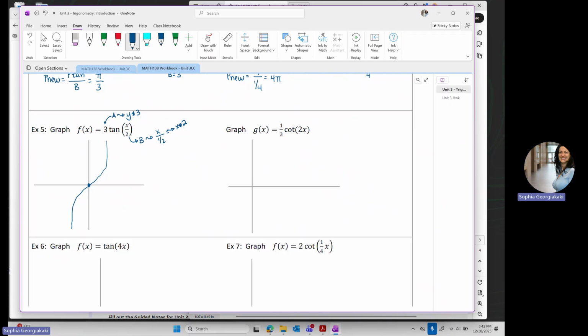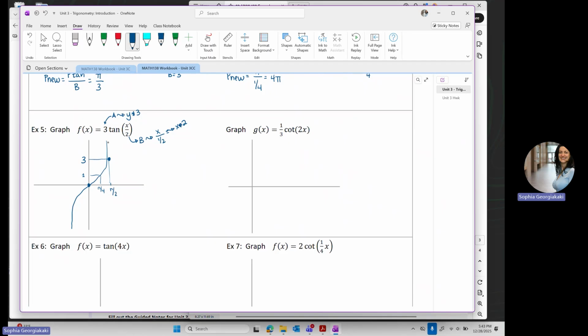So 0, 0 will stay there. We have a point pi over 4 with 1. In the new transformation, the x will be multiplied by 2, so it will become pi over 2, and the y will be multiplied by 3, so it will become 3. So that will be a point on my graph.